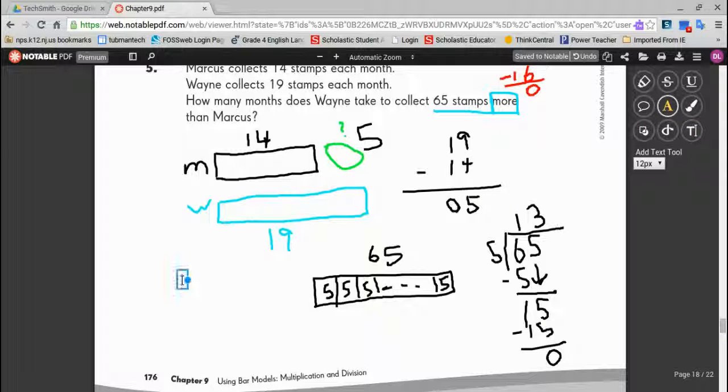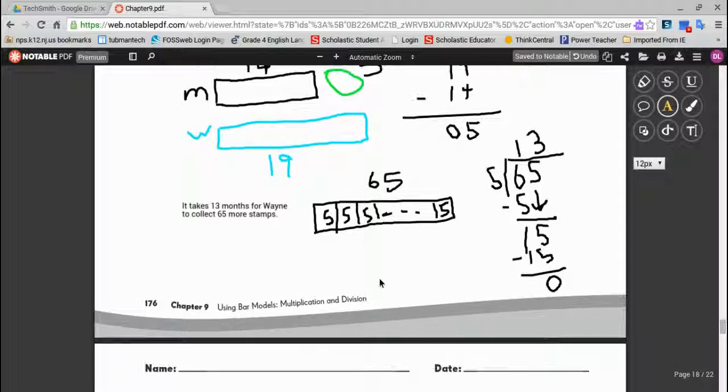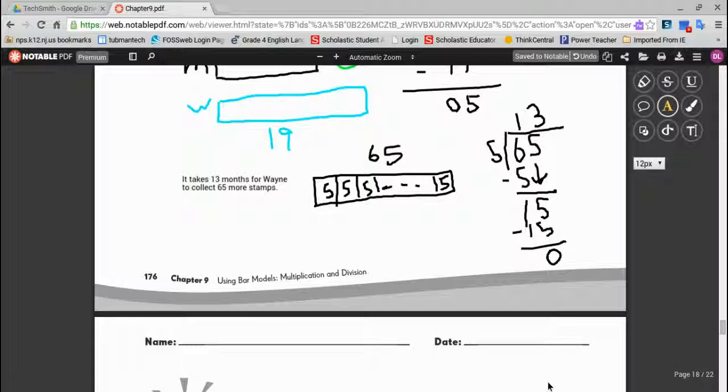Let's write that into a sentence. It takes 13 months for Wayne to collect 65 more stamps. It takes 13 months for Wayne to collect 65 more stamps. Okay, and that's page 176.